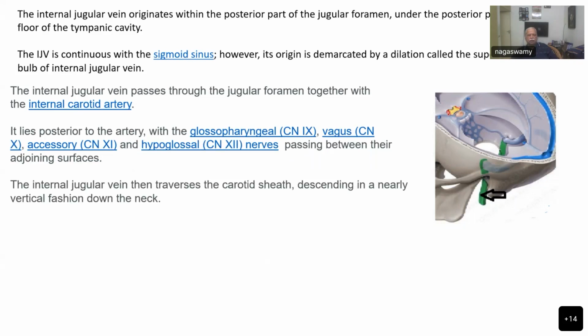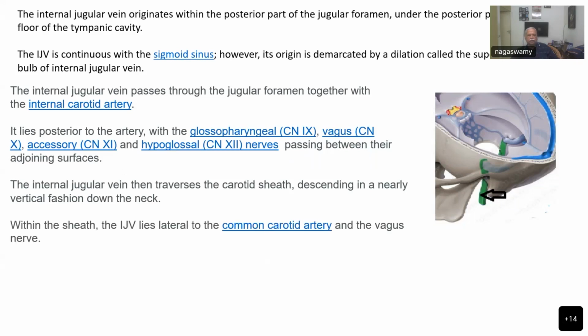And the internal jugular vein then traverses the carotid sheath, descending in a nearly vertical fashion down the neck. Within the sheath, the IJV lies lateral to the common carotid artery and vagus nerve. This is a very, very important relationship that has to be mentioned.